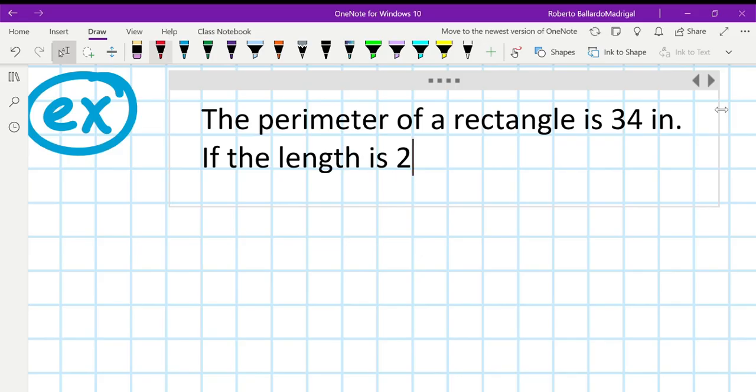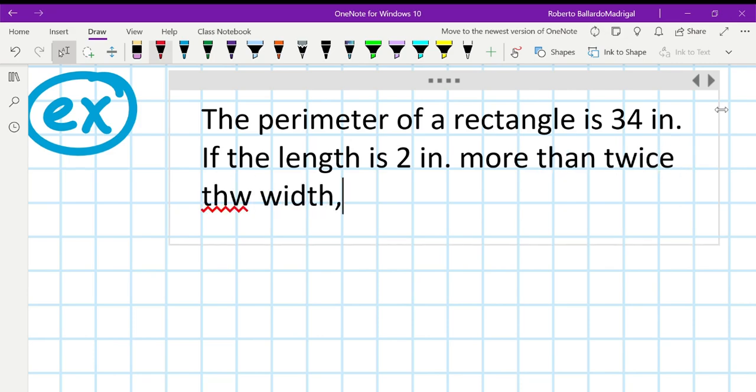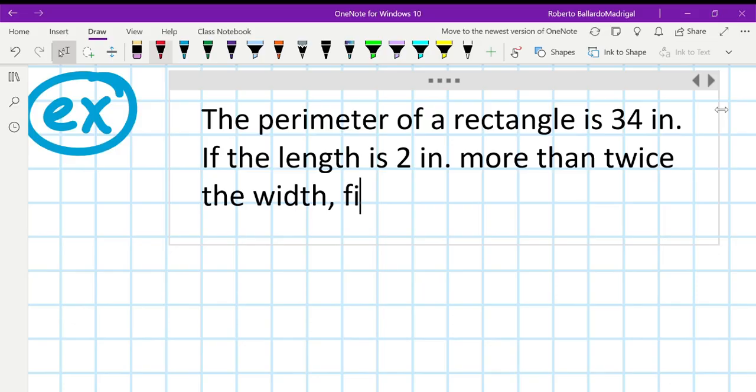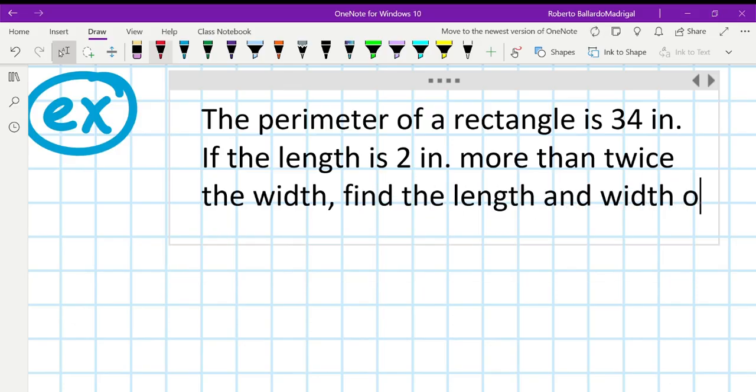If the length is 2 inches more than twice the width, find the length and width.